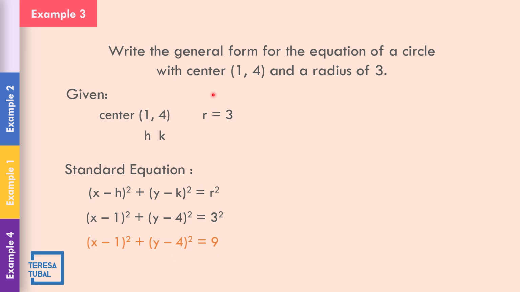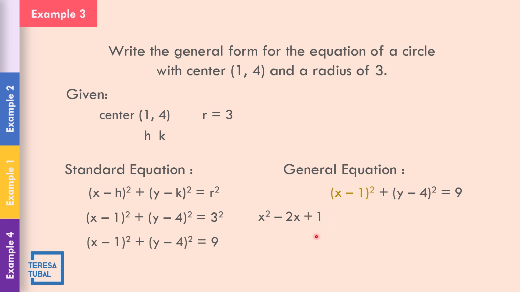But then, we need to identify the general form of the equation of the circle. So we continue solving. We need to expand the quantity x minus 1 squared. So x times x is x squared, 2 times x is 2x times negative 1 is negative 2x, negative 1 times negative 1 is positive 1.